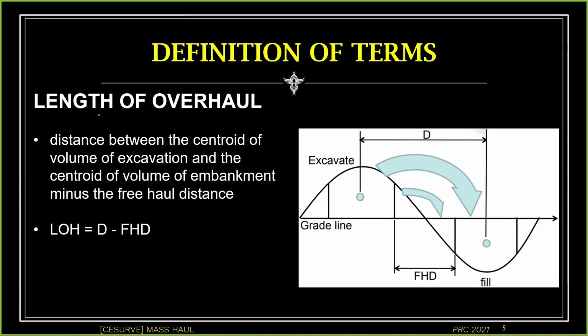So, ang consider natin sa LOH or sa OHD, overhaul distance, is sa centroid ng overhaul. Centroid ha, hindi sa dulo. Sa centroid lang. And from centroid to centroid, ang tawag natin doon is, we denote it with D. However, ang actual LOH or OHD is ito lang.